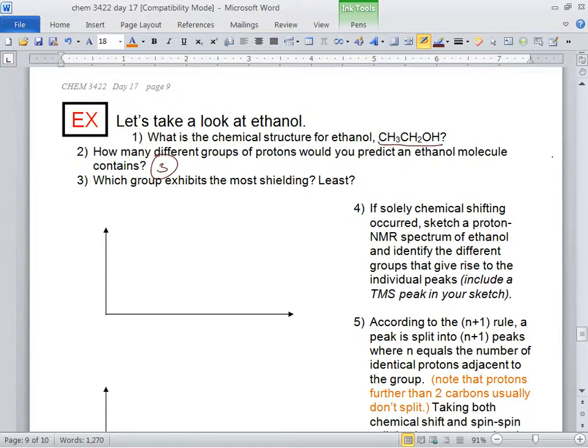Which group is going to feel the weakest magnetic field? It's shielded the best. The OH is just out there on its own. So definitely not that one. CH3. It's the CH3. That's the feeling that you just got to get used to, and that's the thought. So the least would be the OH.